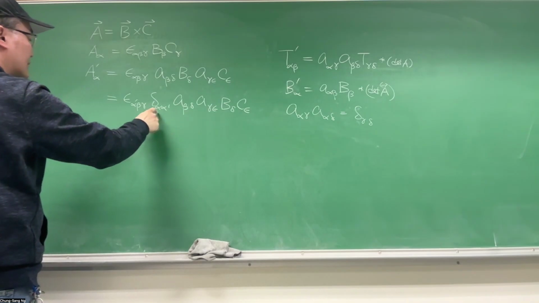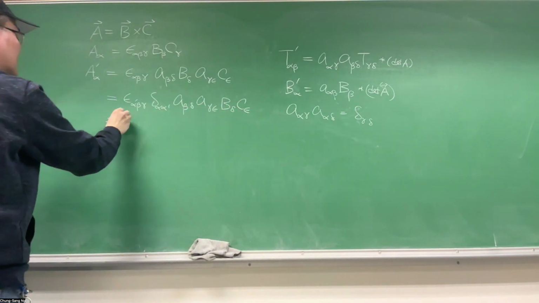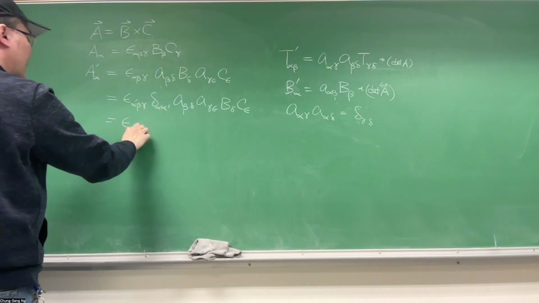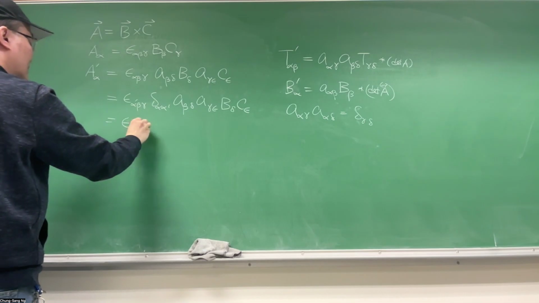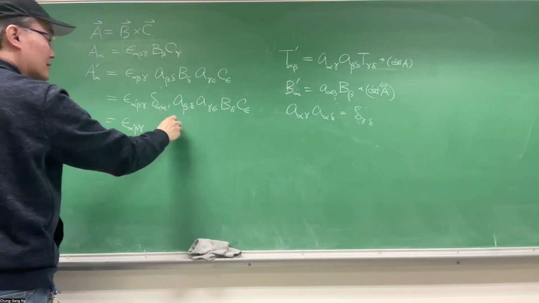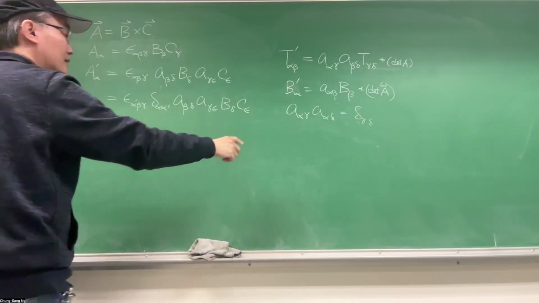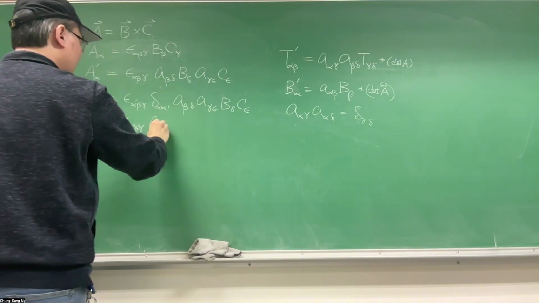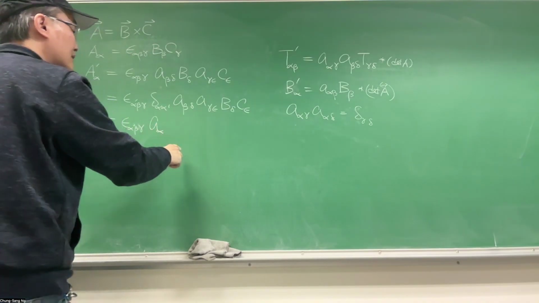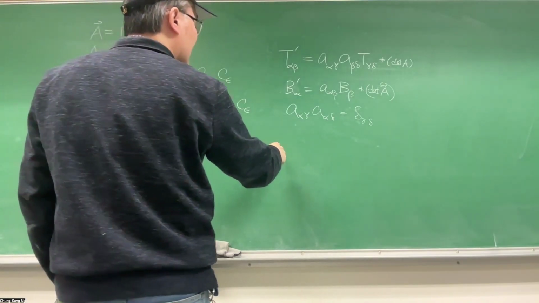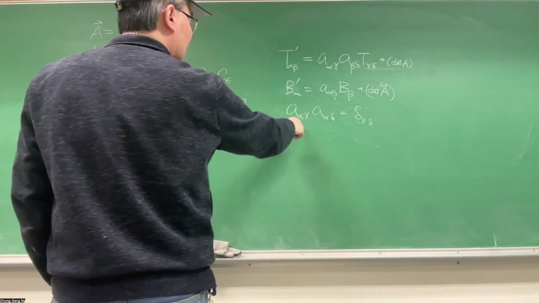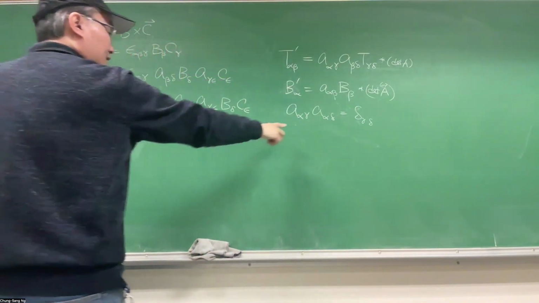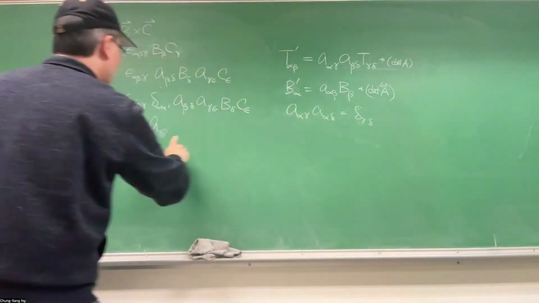Okay, and now using this one, epsilon alpha prime, and this introduces two more. So you have an alpha prime, you have A alpha something, because this alpha is the second index. This is a Kronecker delta.